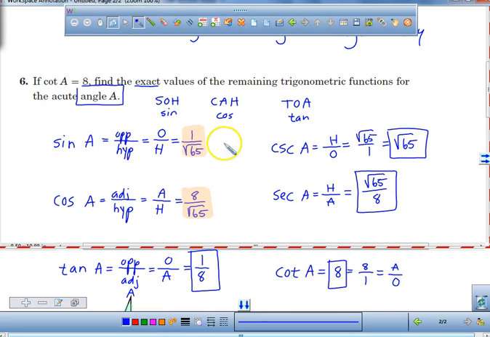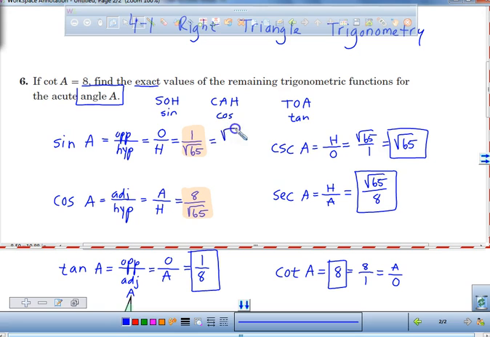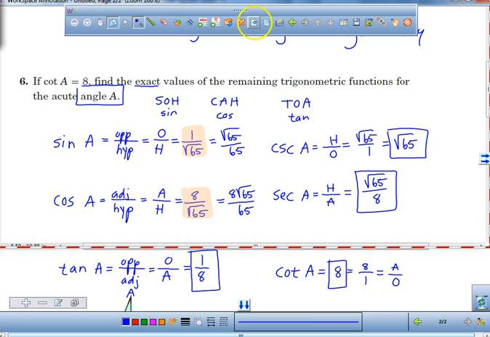Alright, so right here, this one becomes the square root of 65 over 65, and this becomes 8 radical 65 over 65. Now that really isn't helpful for anybody who doesn't know how to do it. So we're going to do it real quick.